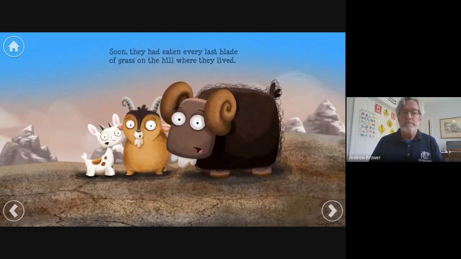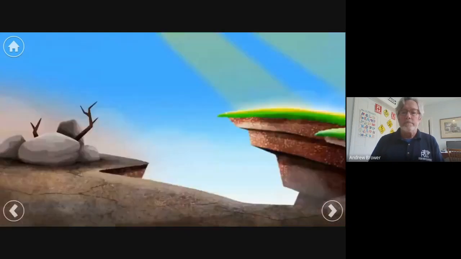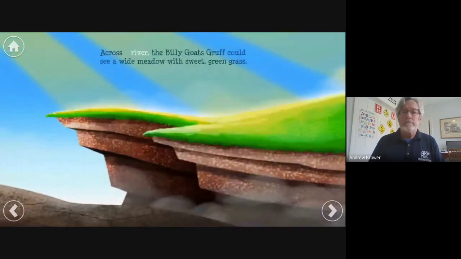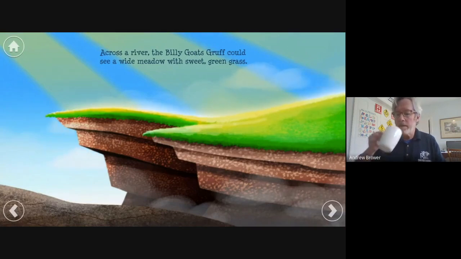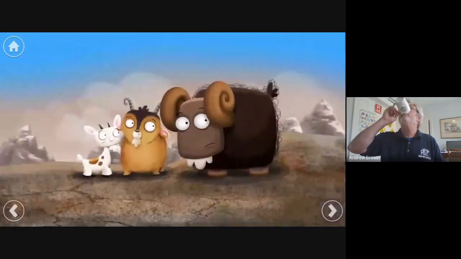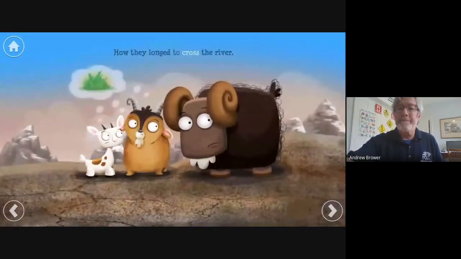Across a river, the billy goats gruff could see a wide meadow with sweet green grass. How they longed to cross the river.